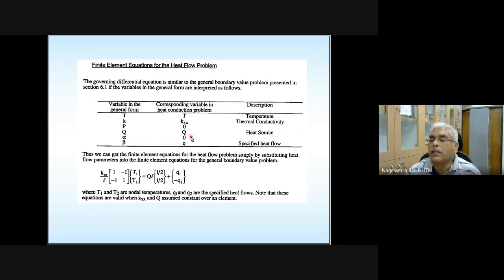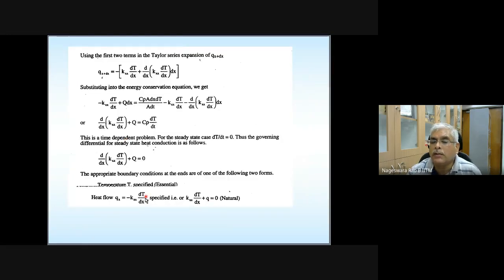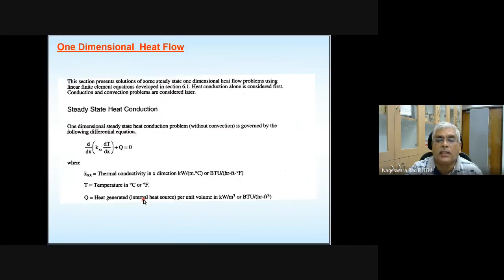Alpha is not there. How do you say alpha is not there? You see this equation. You need to compare it with K times derivative of T with respect to X plus alpha times L alpha. You can see this one. This is the general boundary value problem.